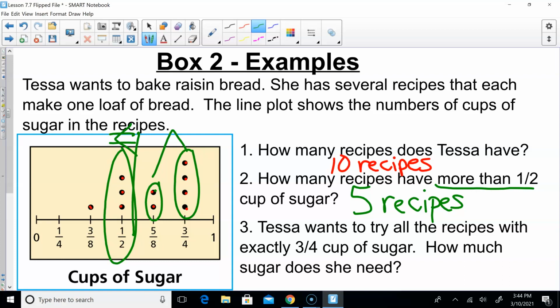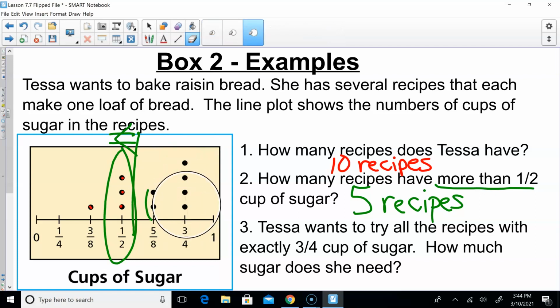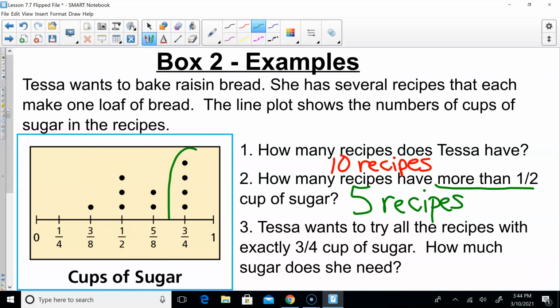Tessa wants to try all the recipes with exactly 3/4 cup of sugar. How much sugar does she need? Well, let me erase some of my good work here. We're looking at exactly 3/4. So these are all the ones that have exactly 3/4. Therefore, we can line this up as a multiplication problem because there are 4 recipes, and each of them uses 3/4 cup.